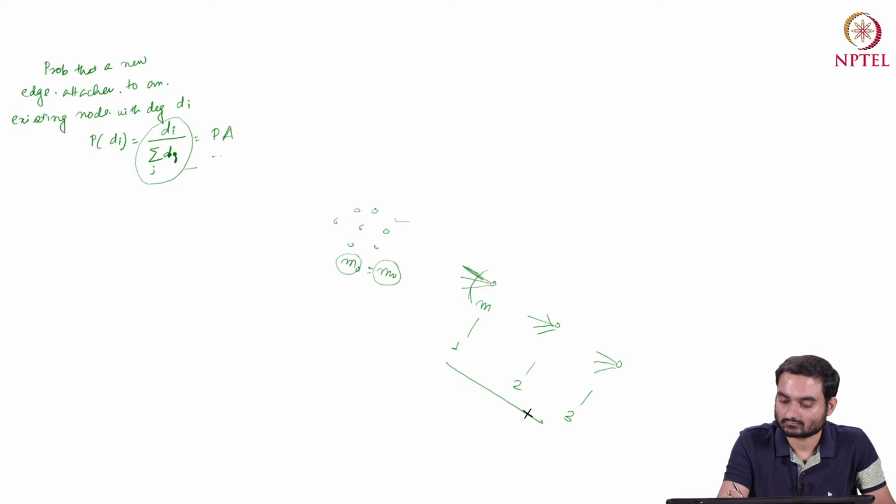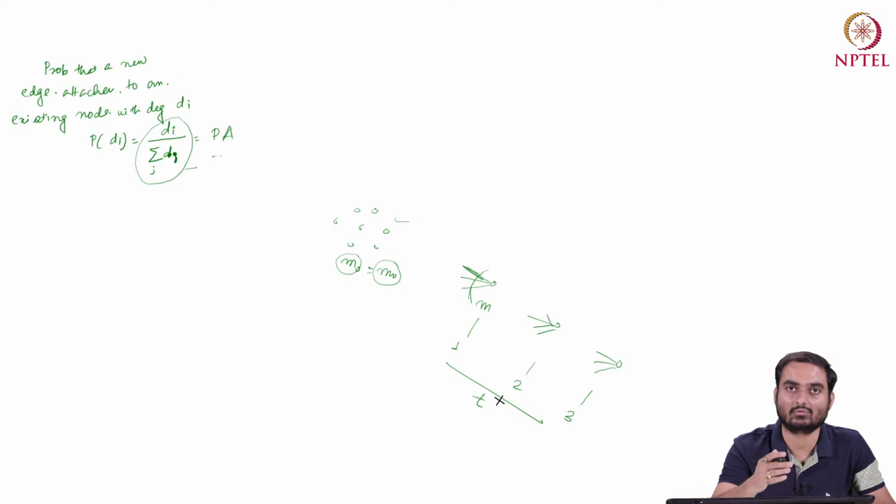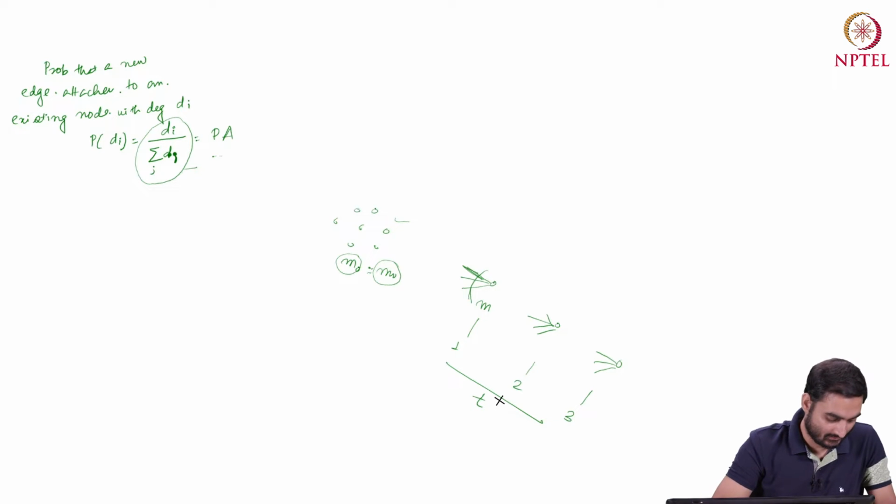So we'll see that over the time t many nodes will join, m into t number of edges will join, right? We will see how joining of these nodes will change the degree, average degree. We'll see how the joining of these nodes will change the degree distribution, okay?